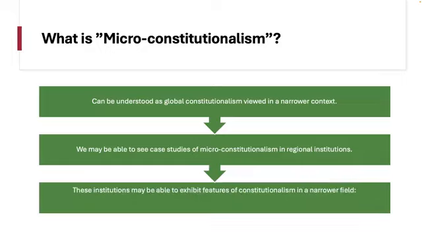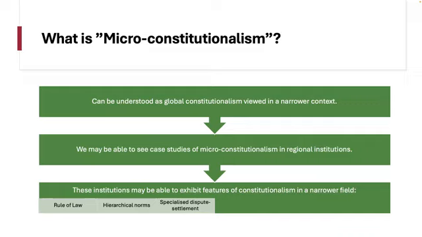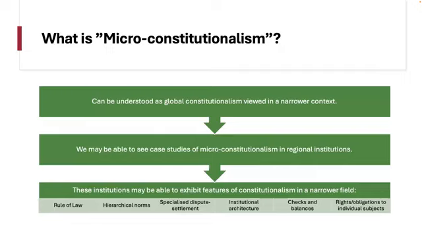So if we're looking for micro-constitutionalism and micro-constitutionalization, we will be looking for a number of different norms and features that are constitutional in nature. So we might be looking for things that exhibit rule of law, hierarchical norms, a specialized dispute settlement, institutional architecture, and checks and balances, or maybe even the rights and obligations of individual subjects.